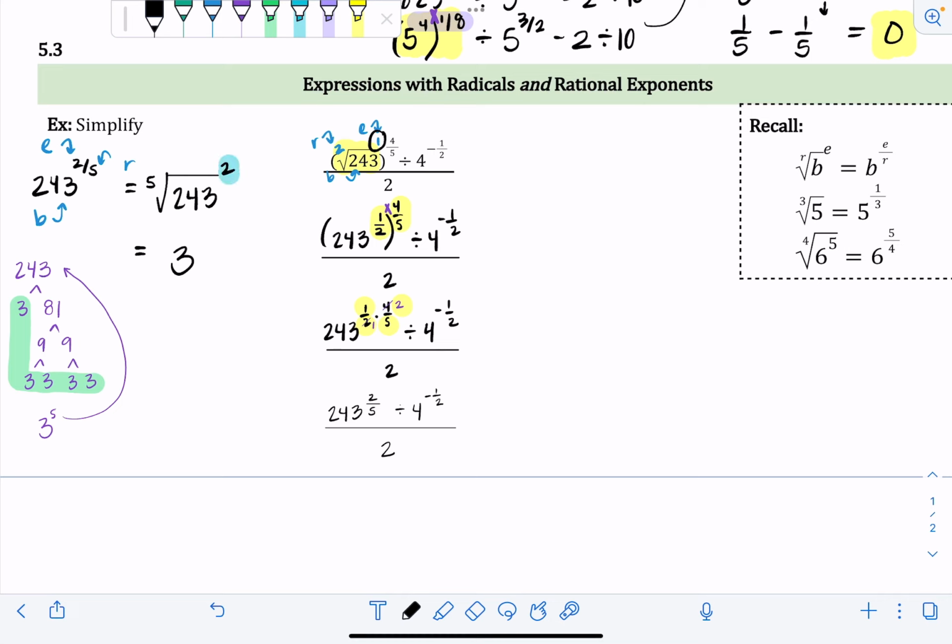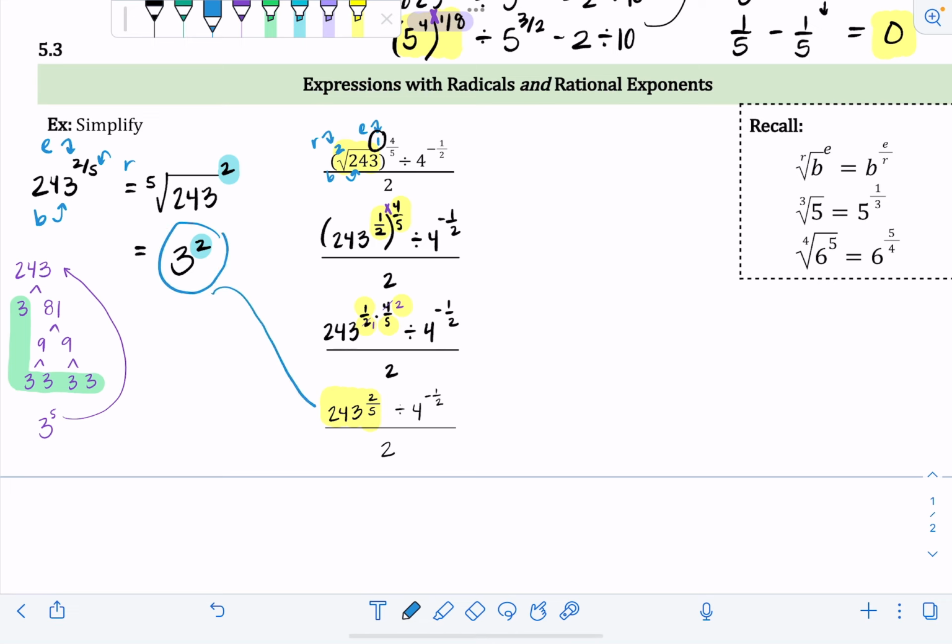I have to still bring that down, so I'm going to bring down that squared part. So we basically took 243 to the 2/5 and we simplified it. I like doing it off to the side because with the factor tree it just gets really involved. We changed it into radical form, and then we simplified that radical to this.